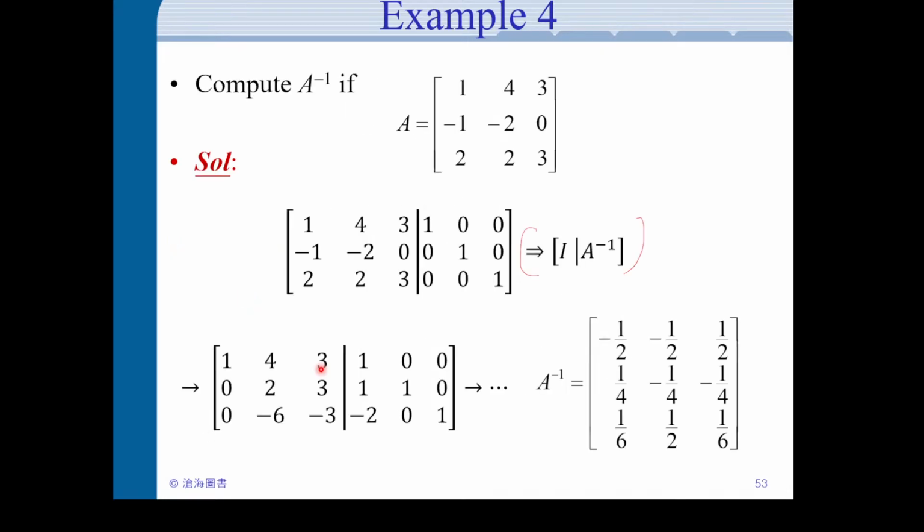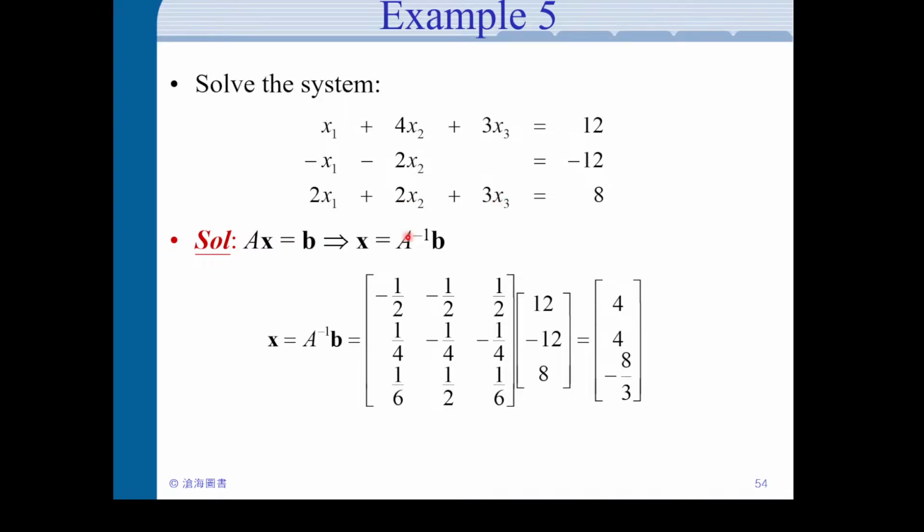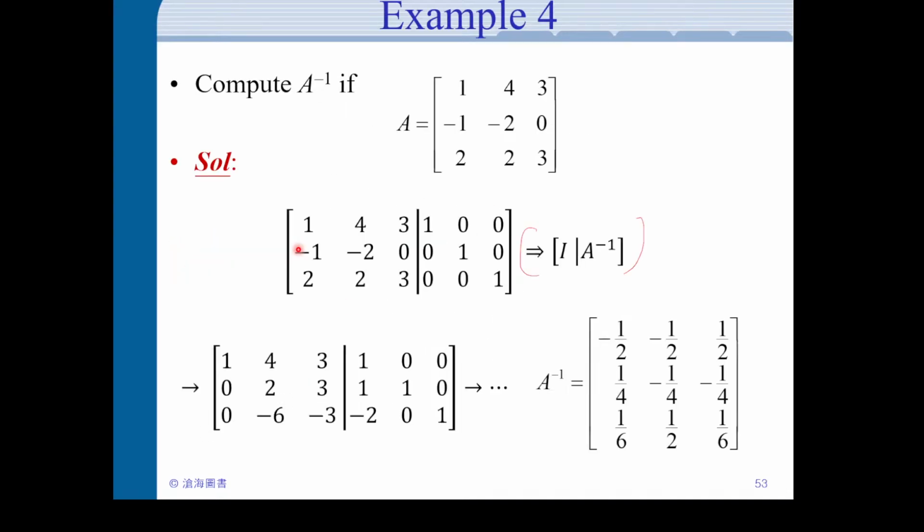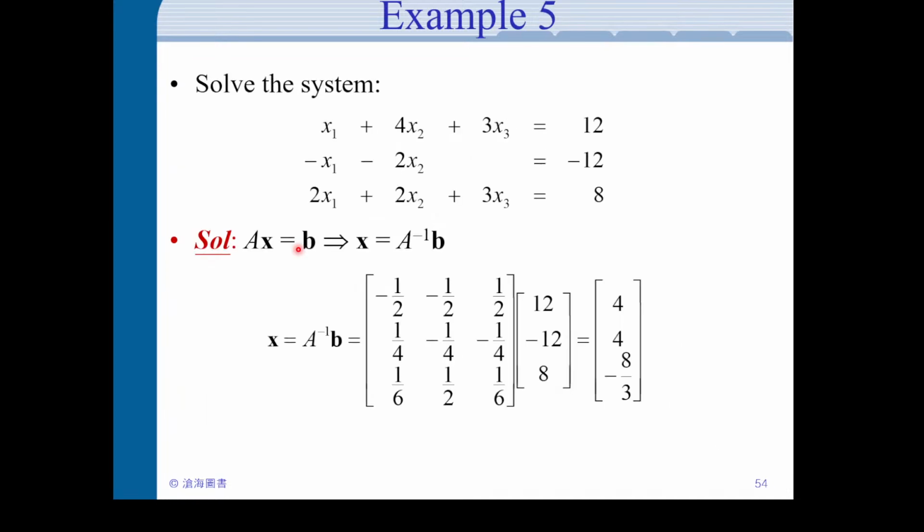It's a bit of a detour way to do this, because if you start with Ax equal to B and do row operations to make this side identity, then you already get A minus 1 B. But now we separate two steps: we first get A minus 1, then multiply A minus 1 on B, and then we get your x. So x is A minus 1 times B, which is this vector 4, minus 8 over 3.